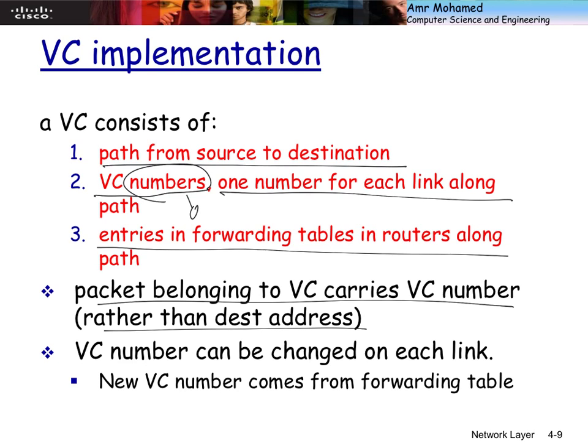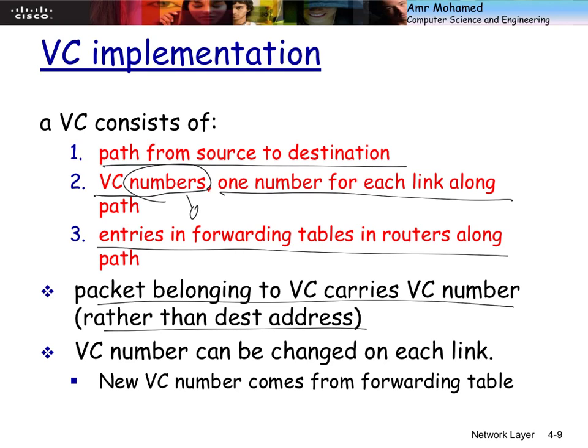This number has to be globally unique. So on one hand, if it's globally unique, then we have to design it carefully so that this number is very large, because we will potentially have a large number of virtual circuits, right? So on one hand, this number has to be very large if we talk about one global virtual circuit identifier. So that's one problem here.